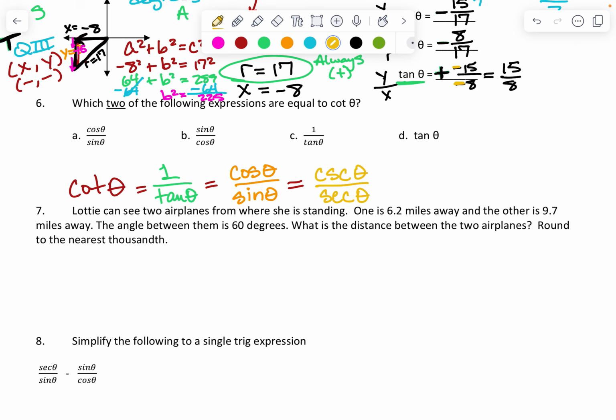So a lot of different ways we could write cotangent. Now let's see if any of them match our answers. It says that there are two of them. It's A, that matches. It's not B, that's tangent. C matches, and it's not D. Tangent and cotangent are not equivalent.